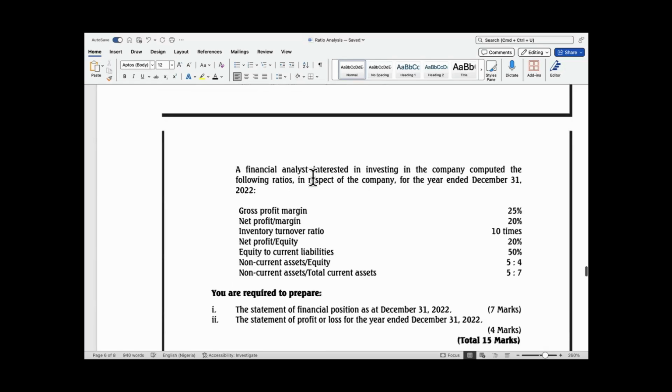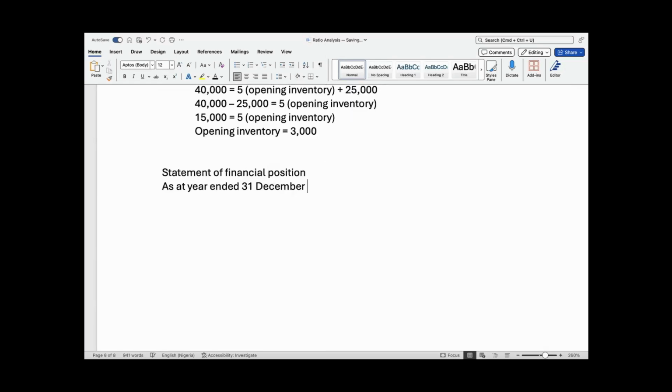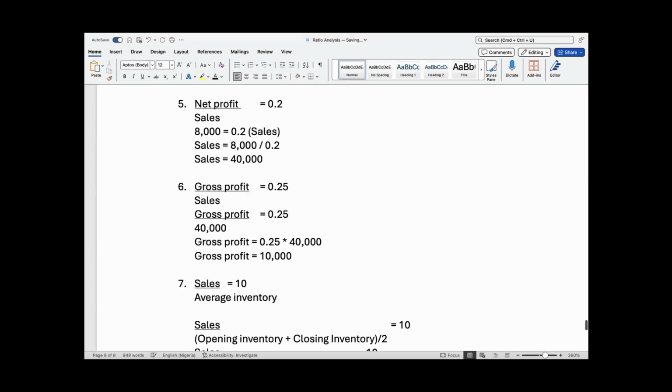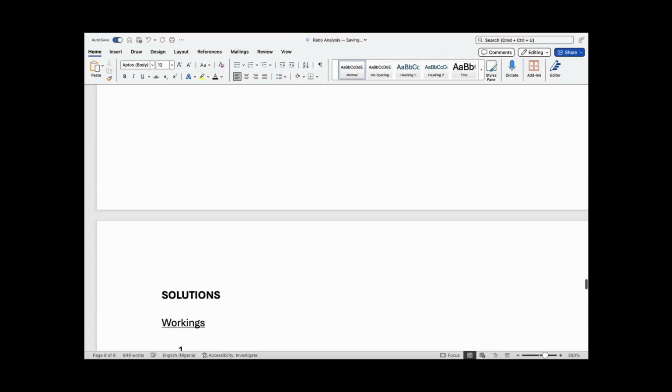As at 31st December 2022 for Wadai PLC. Okay, so under my assets, I was given non-current assets. And the non-current asset given was 50,000, right? Non-current asset was 50K from the question here.